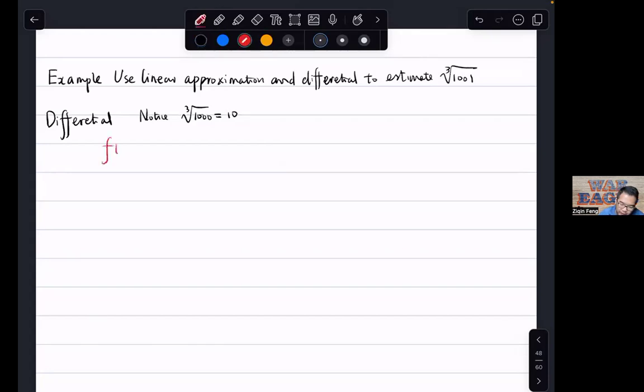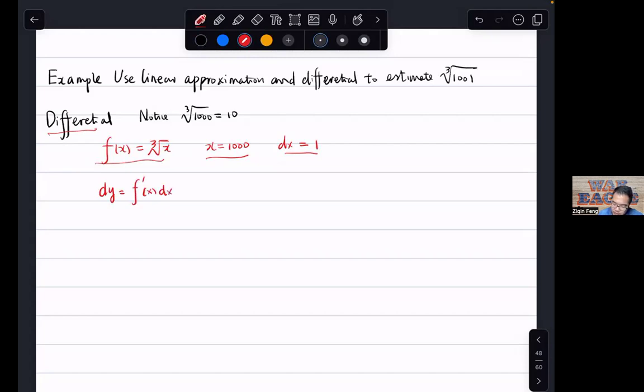So our function f of x equals the third root of x with x equal to 1000, and dx, the differential of x, is 1, right? So that's this. So we want to evaluate the differential of this function when x is 1000, dx is 1. So that's the approximation of the change of y value. You know the change, and also you know the function value at 1000. You just add it together, right? So we know that dy is f prime of x dx, right?